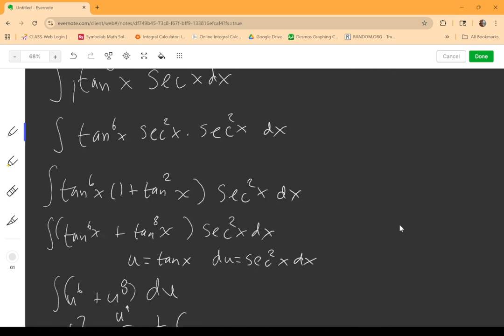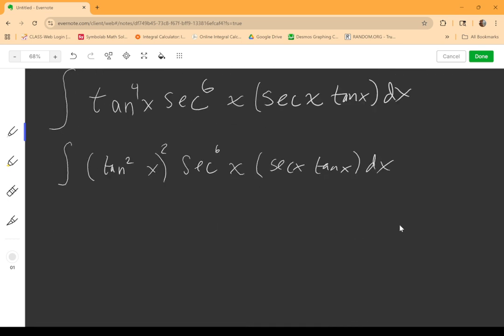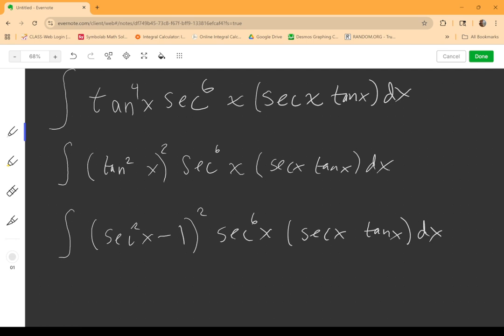All right, and now I'm going to use the identity here: tangent squared of x is going to be equal to secant squared x minus 1, squared, secant to the 6th of x, and then of course our secant x tangent x dx.